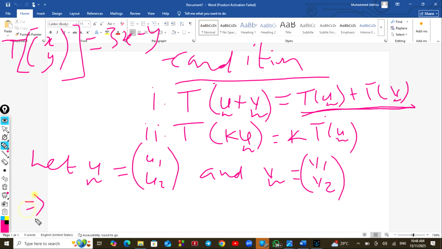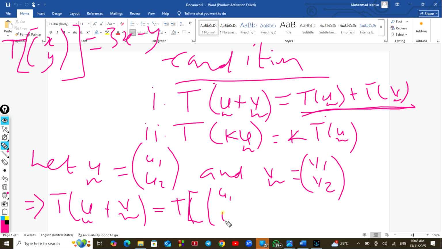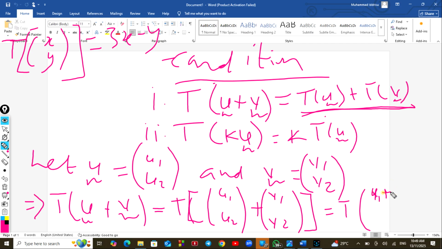The first condition implies the transformation of the vector u plus the vector v is equal to the transformation of (u1, u2) plus (v1, v2), which is the transformation of (u1 plus v1, u2 plus v2).